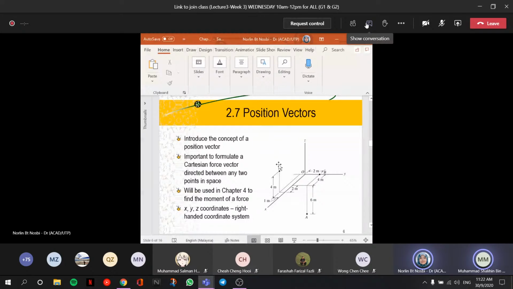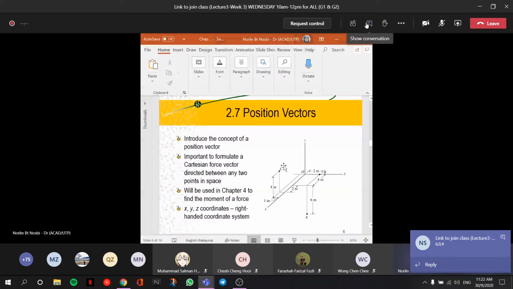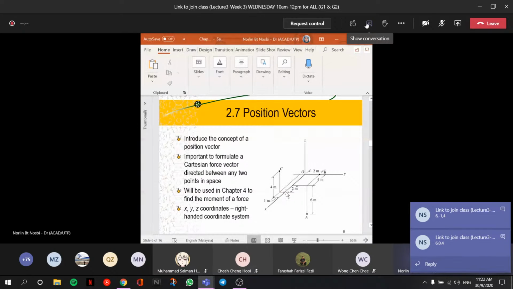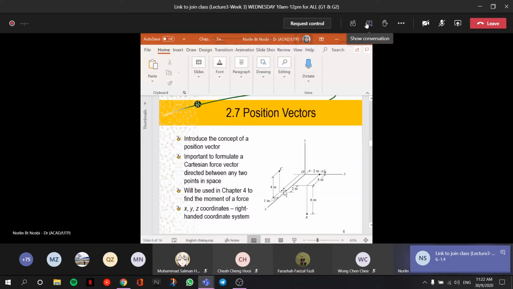The coordinate for C is 6, negative 1, and 4.